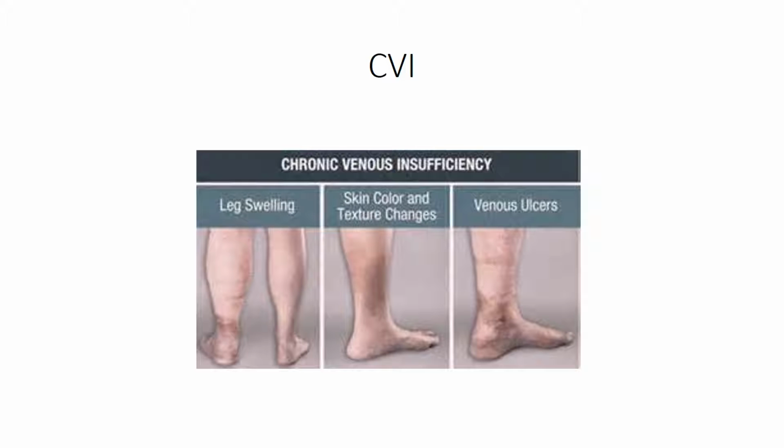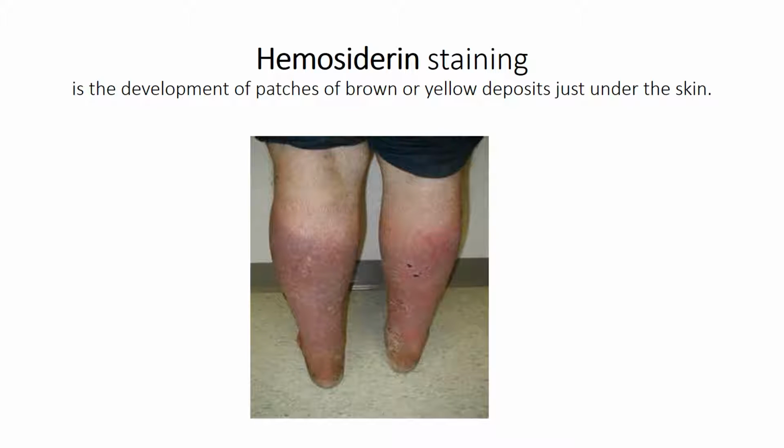Then they end up with ulcers if they bump their leg, and then that chronic venous insufficiency will lead to complications, and they have an ulcer for a long time without the proper treatment. Here's a picture of the hemosiderin staining. It happens when the blood vessels leak, the red blood cells leak into the tissue, and they kind of stay there, and they make brown or yellow deposits, and I'm sure you've all seen this.